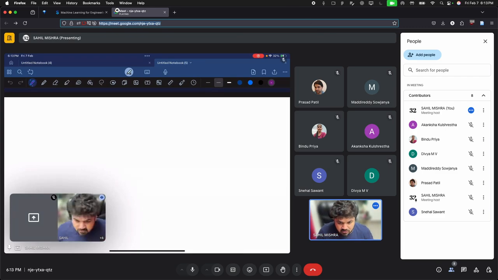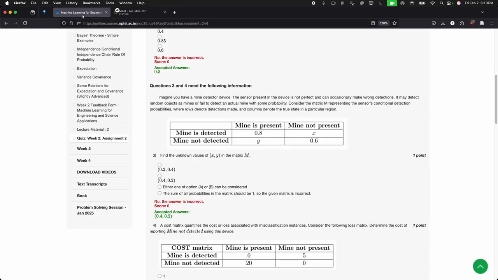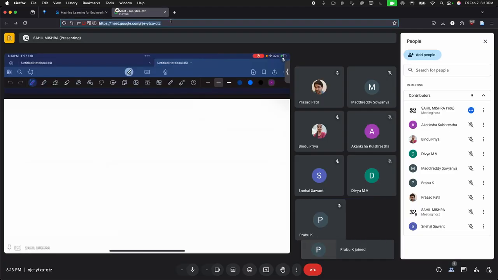Let's start. So you had a doubt in question number 3 and 4. Okay, so let me draw the matrix here. So let me tell you the general convention. The problem which you might have faced is, just let me pin my camera.